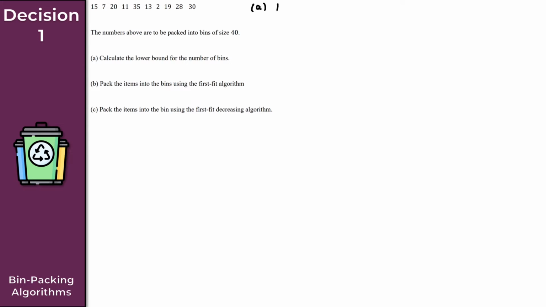Now, don't forget, for the lower bound, let's write this down. This is equal to the sum of all of these items, so 15 plus 7 plus 20, plus so on and so on, all the way up to the very last number here, 30.